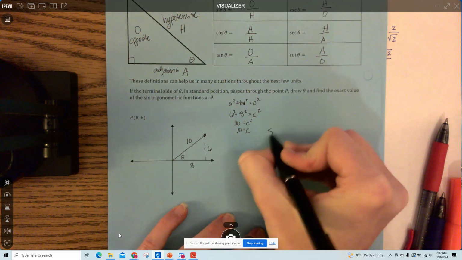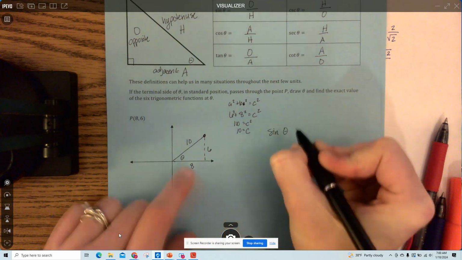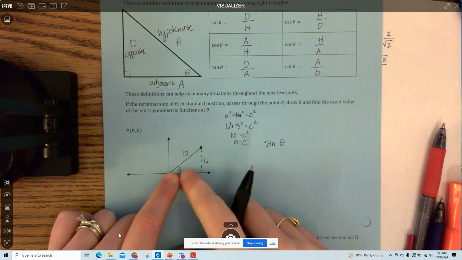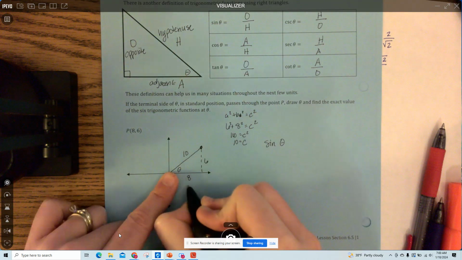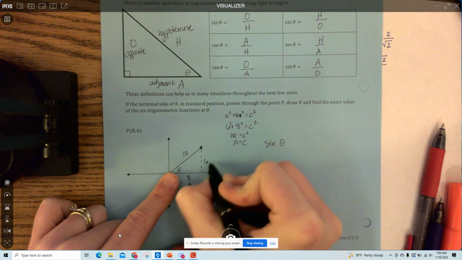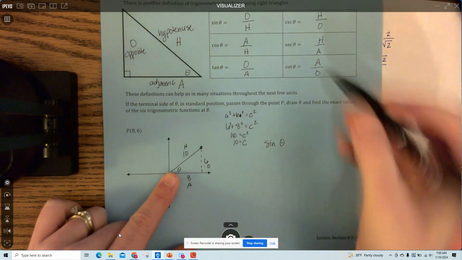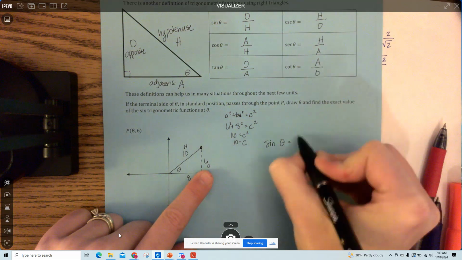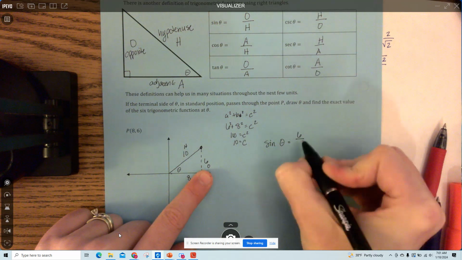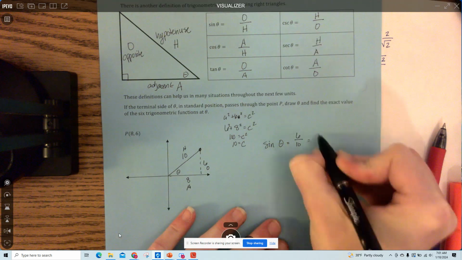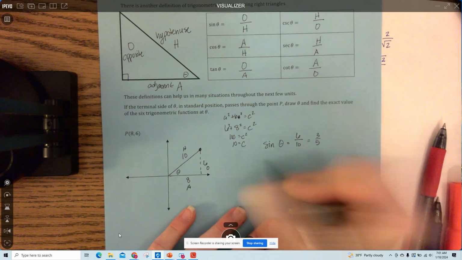The sine of the angle: sine is opposite over hypotenuse. For this angle, the 8 would be the adjacent, the 6 would be the opposite, and the 10 is always the hypotenuse. So opposite would be 6 over 10, which simplifies to 3 over 5.